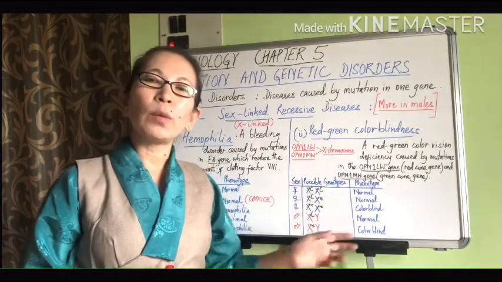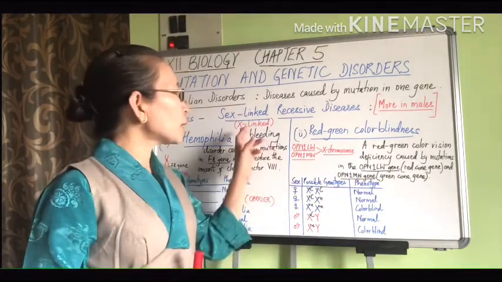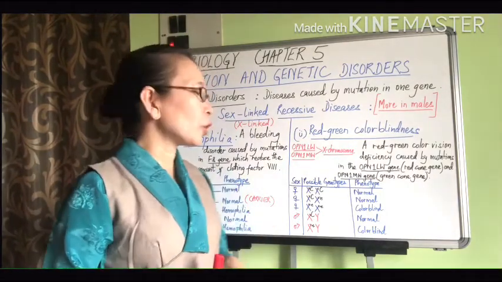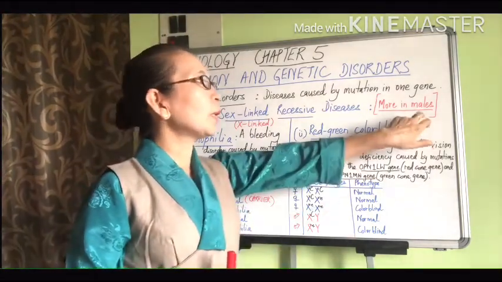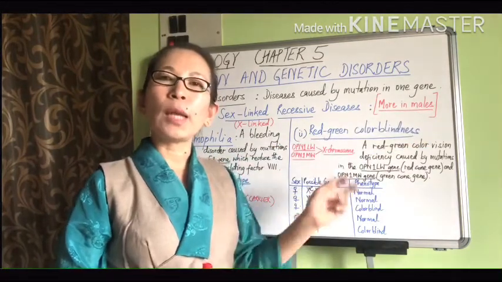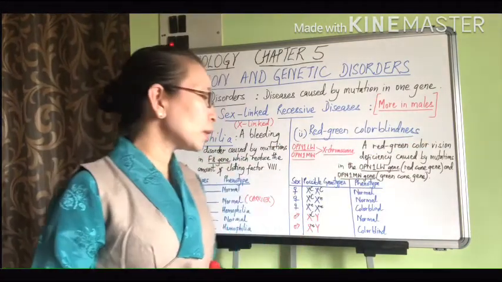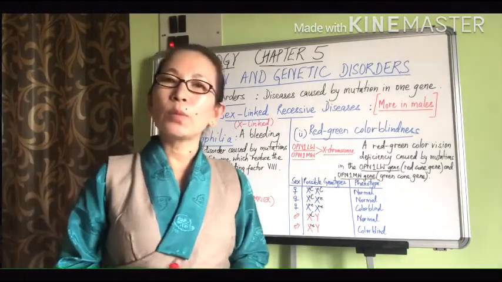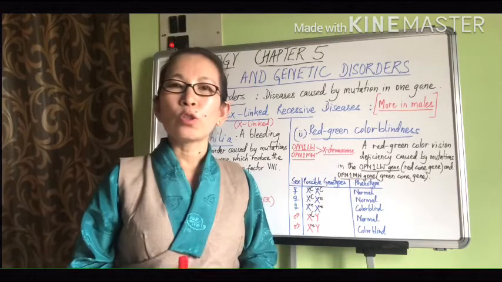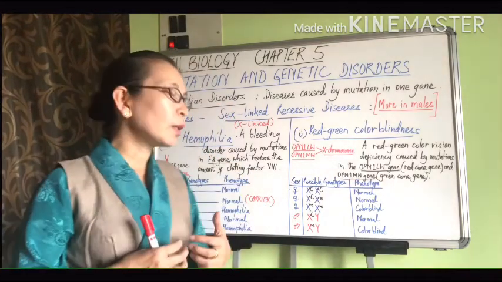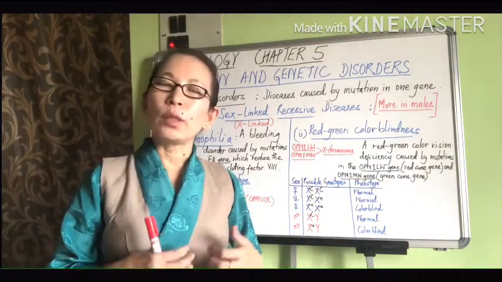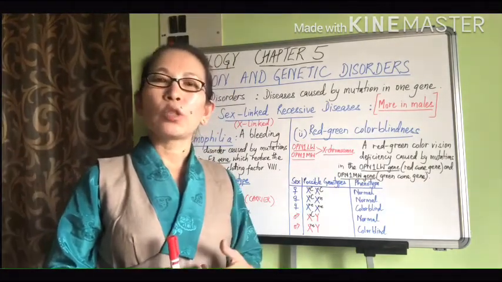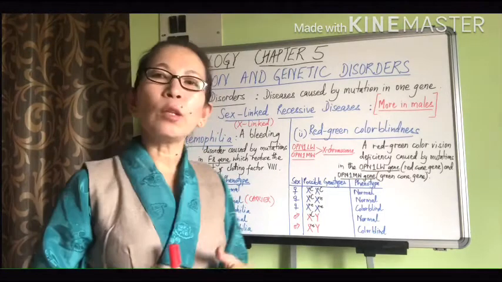So in this way, what we see here is that X-linked recessive diseases, or X-linked diseases in general, more commonly affect the male population than the female population. The reason is that males have only one X chromosome, whereas females have 2 copies of the X chromosome, so even if we have a single copy of the mutated or defective allele, we can still be compensated by our other X chromosome, which can carry the normal allele.